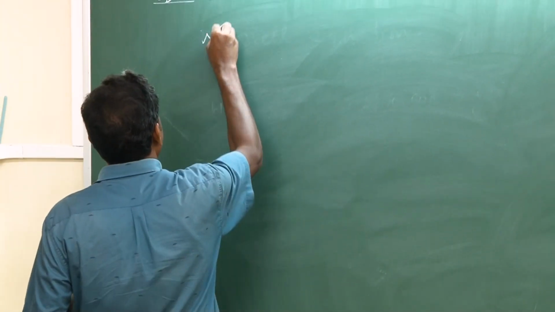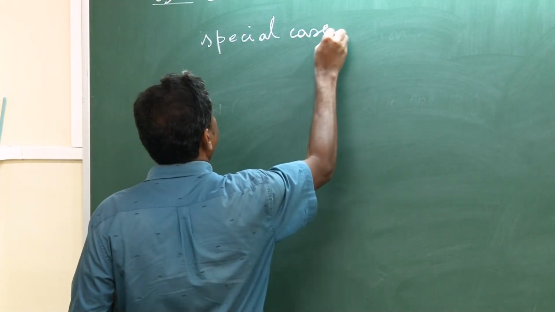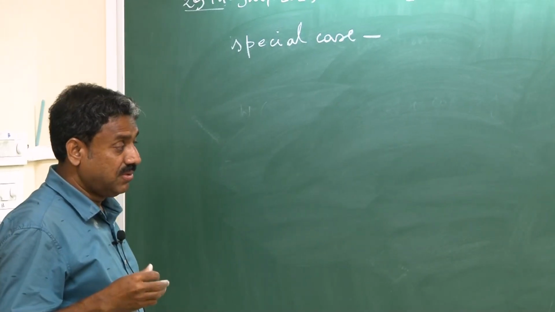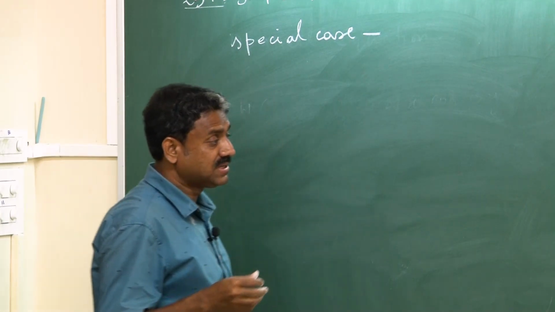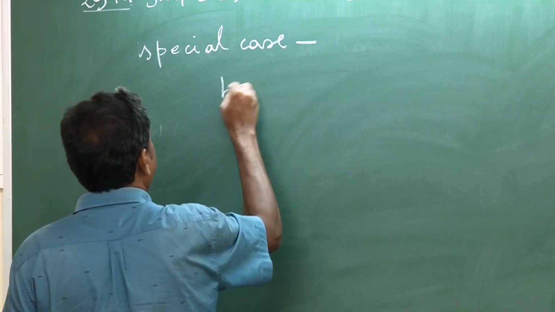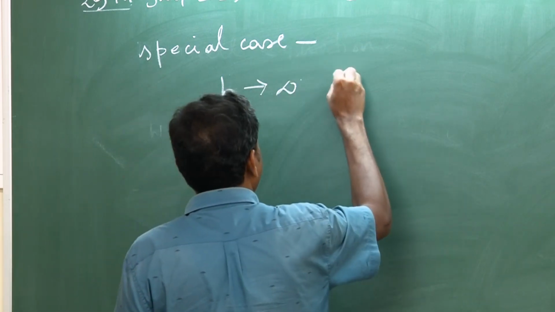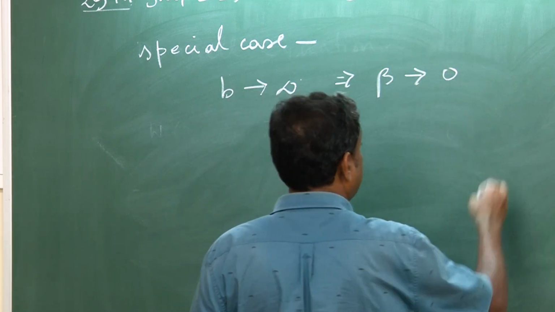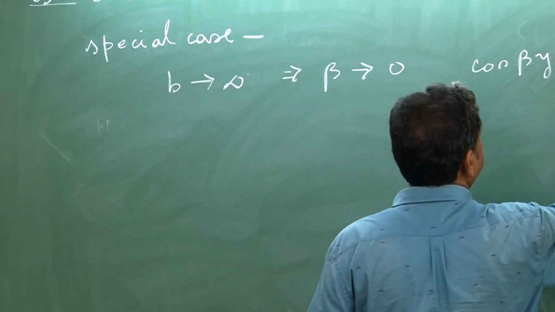Okay. So if you see the special case, we want to see whether it mimics the one where we started the discussion, the axisymmetric shell buckling. For the axisymmetric case, B tending to infinity implies beta tending to 0, then cos beta y tending to 1, right.